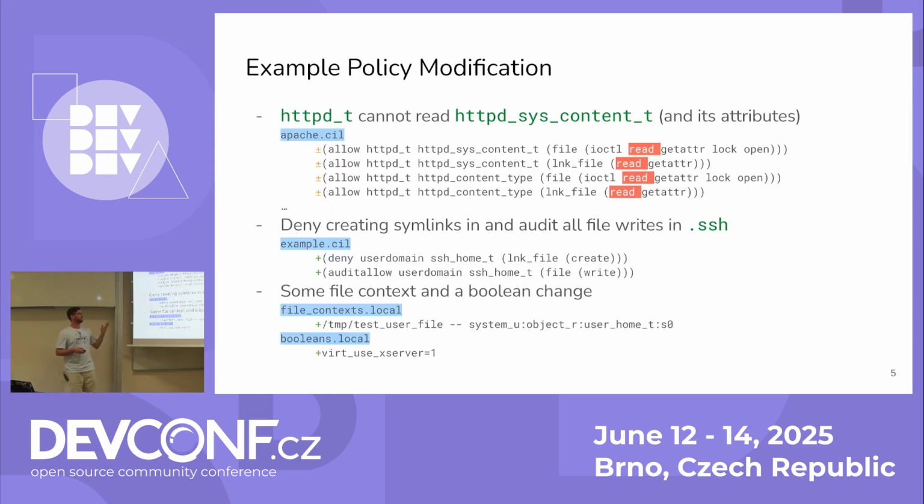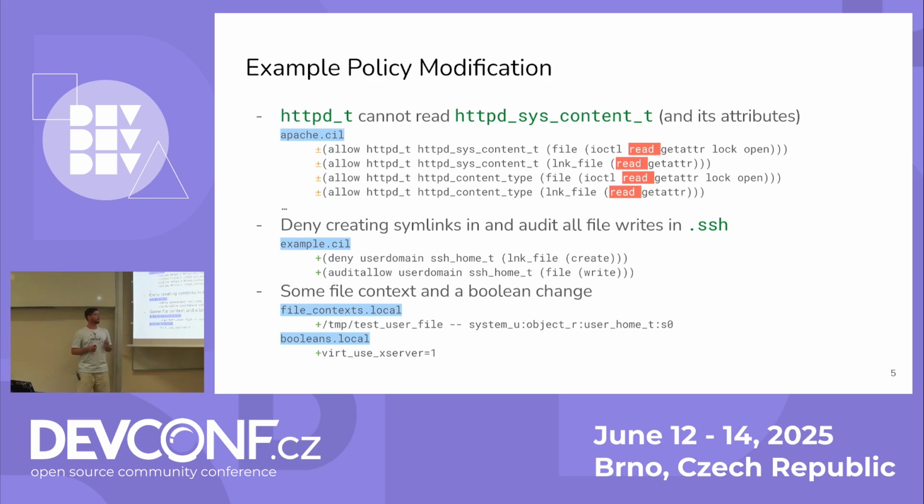Here I have a few modifications to my system. First, I added an Apache module override, where I removed the permission for the HTTP server to read the default index HTML page. Then I created a new module called example, where I added two rules.